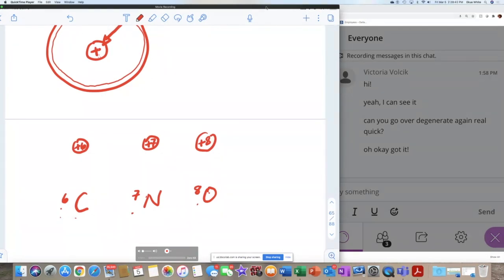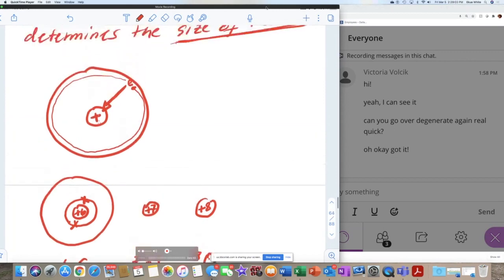Okay, so this is a nucleus, and then we're looking at the outermost energy level. In the outermost energy level, let's see, how does this work out? We have energy level 1 that just has 2 electrons. I'll draw them as X's, energy level 1. Energy level 2, I'm going to keep this simple. All of energy level 2 has how many?